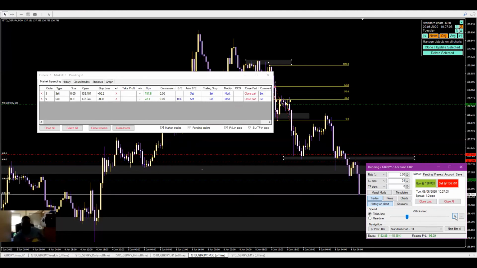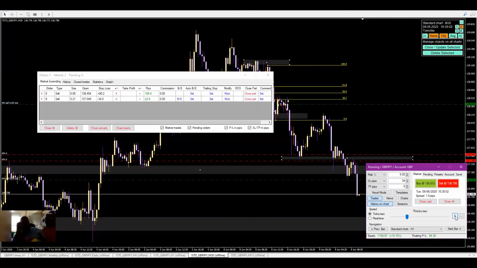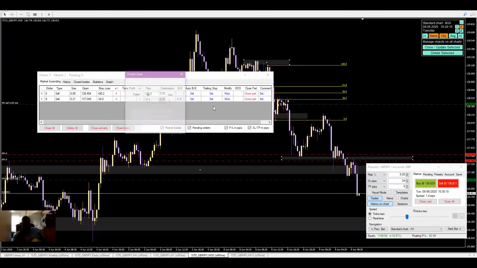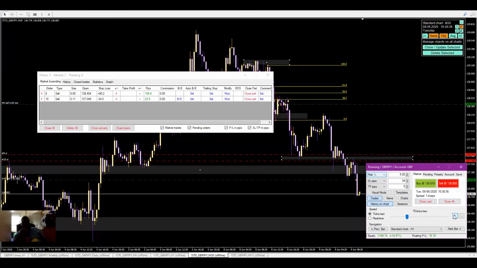So we're about 20 pips in profit. That's crazy. And this candle is about to close. So there, you see how it has no wick at the bottom? Yeah, that's a reversal. So now I'm closing 50%, because I don't like when candles have no wick at the bottom. So I'm capturing profits just in case.